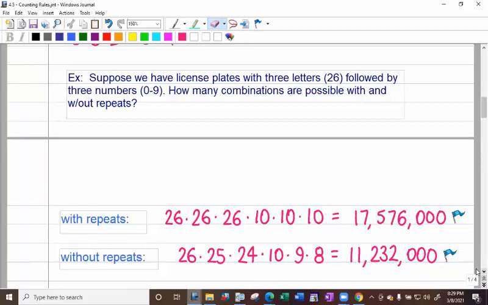Now, license plates. Let's suppose a license plate has 3 letters followed by 3 numbers. How many combinations are possible with and without repeats?